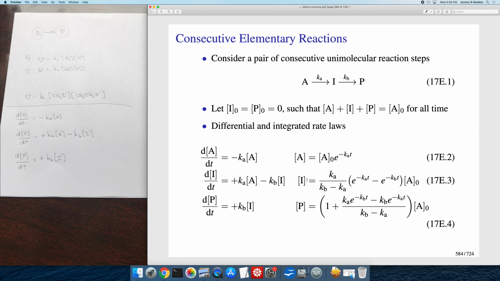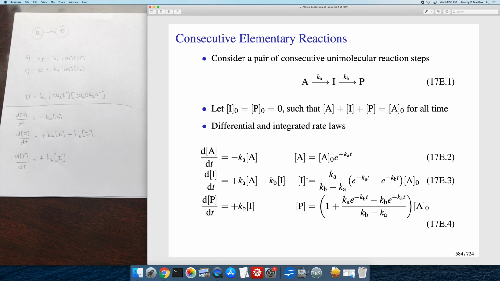While it's coming back down, you see the product concentration starts to increase. Okay, so A starts to react, you start to build up intermediate, then the intermediate starts to fall apart into the product. So that's the important thing that you need to understand about these types of consecutive elementary reactions.